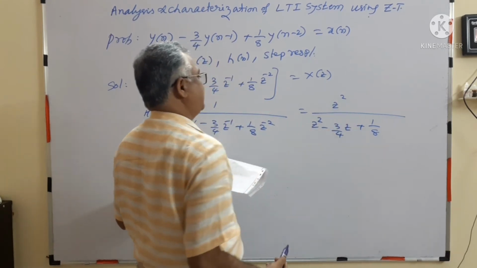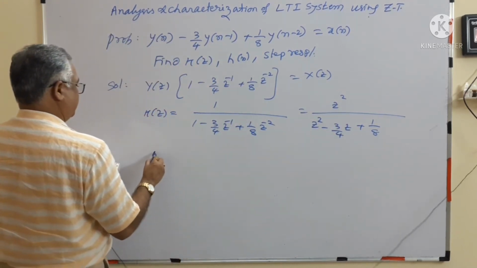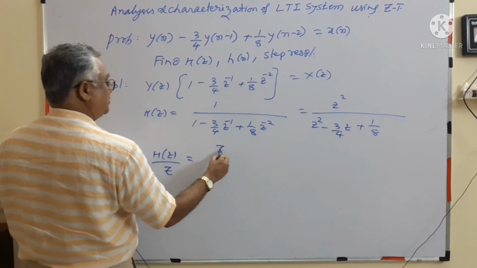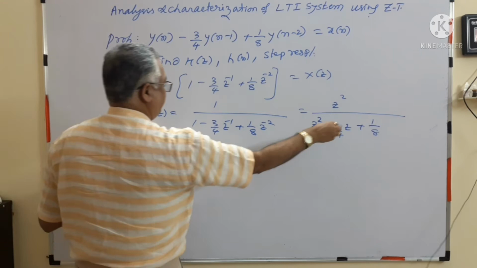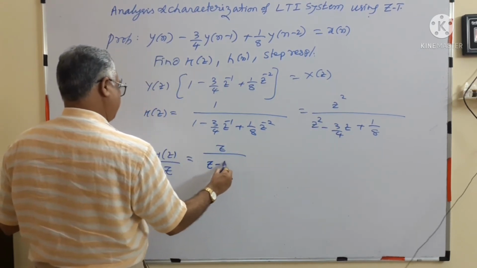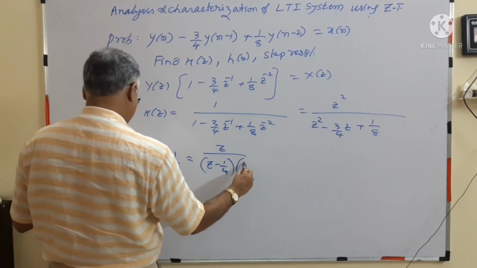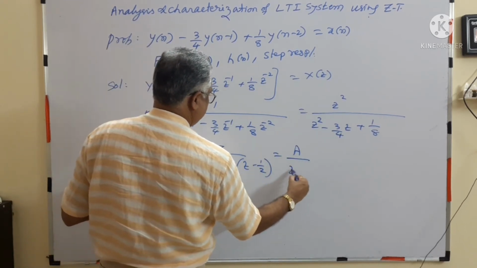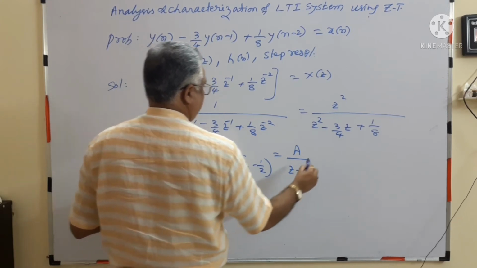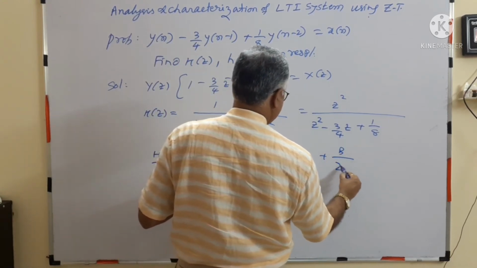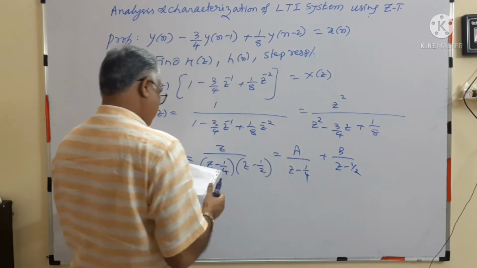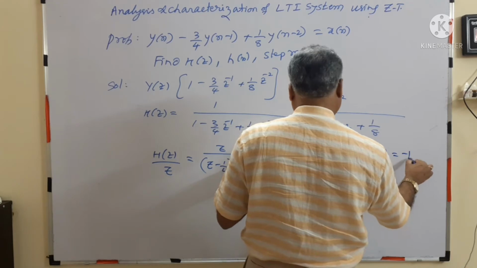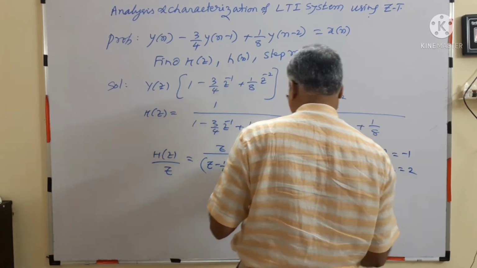Here positive powers are equal. Now you take H(z) by z. That is nothing but z by, you factorize, (z minus 1 by 4) into (z minus 1 by 2). So you follow this: A by (z minus 1 by 4) plus B by (z minus 1 by 2). So you know how to find A and B. A equal to minus 1, B equal to 2.